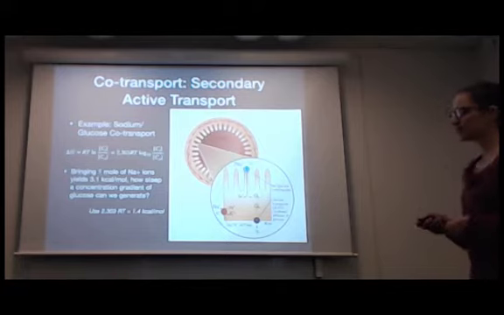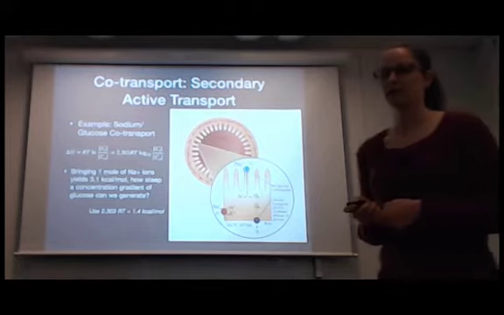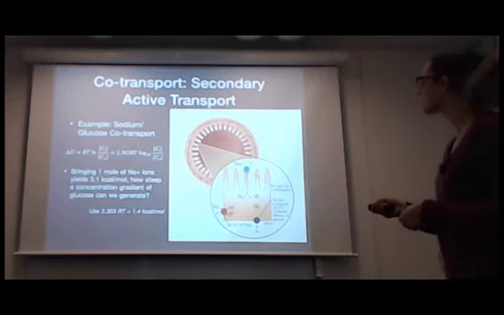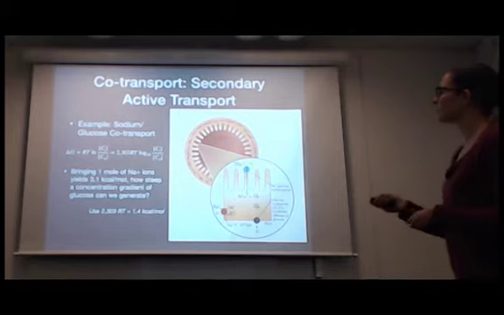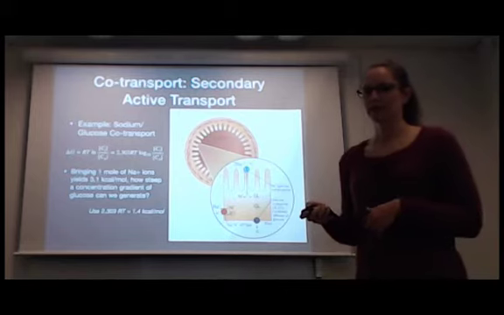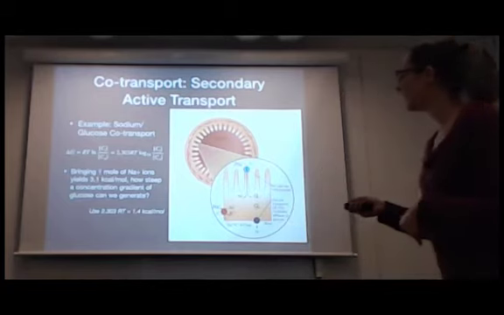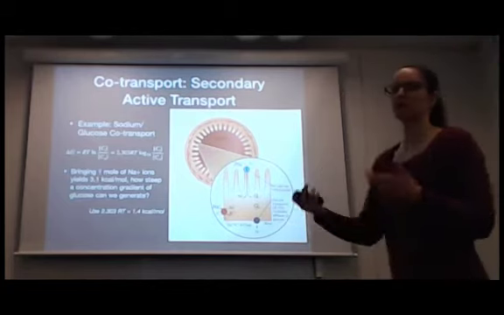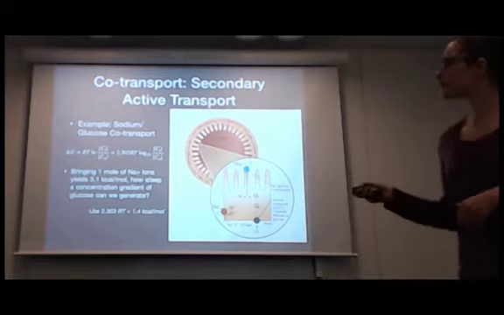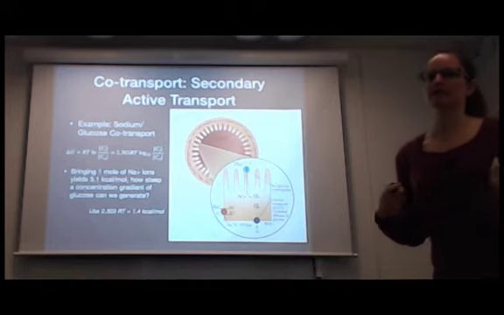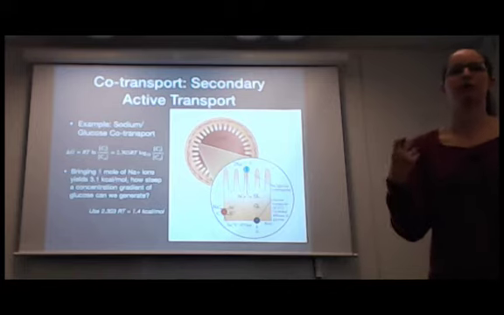So like I said earlier when I was, no, I didn't say this actually. So in the gut, one of the roles of this is to absorb glucose from food. So glucose is already concentrated inside of the organ, but you want to absorb more of it.